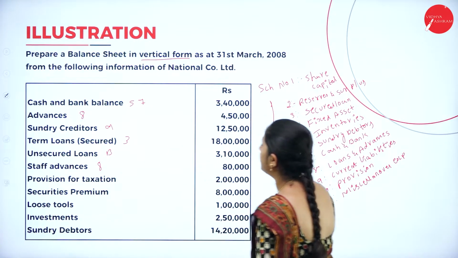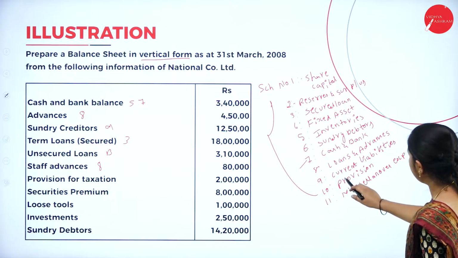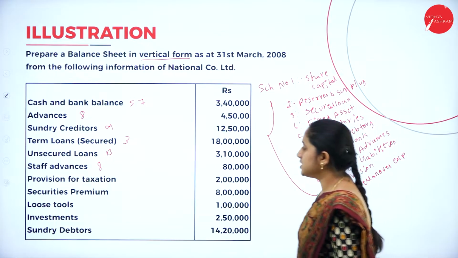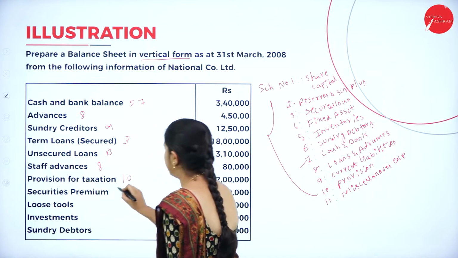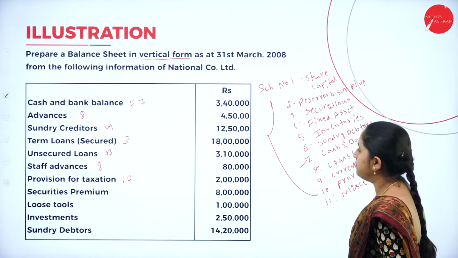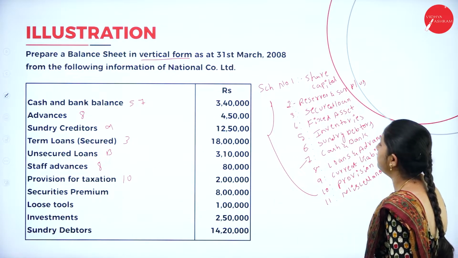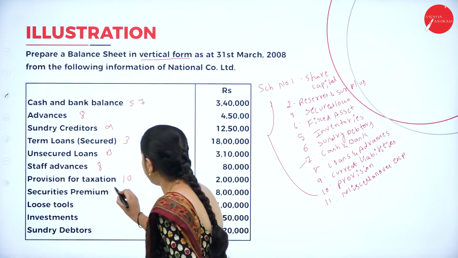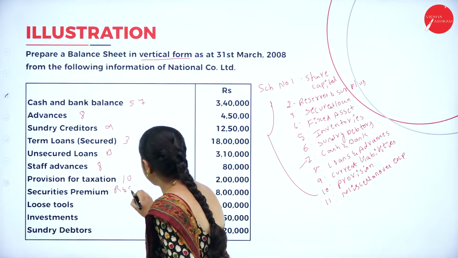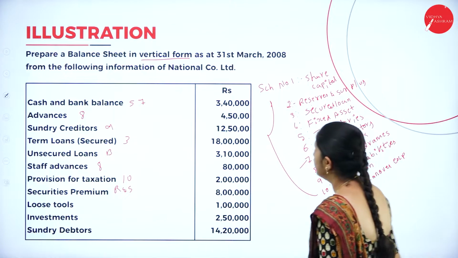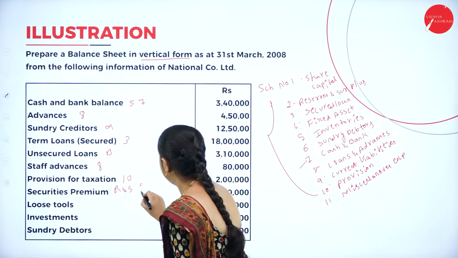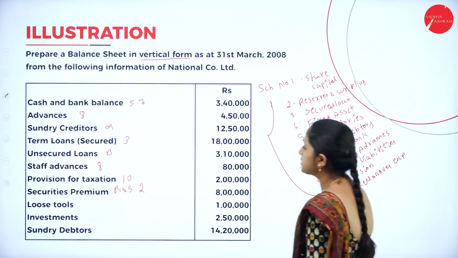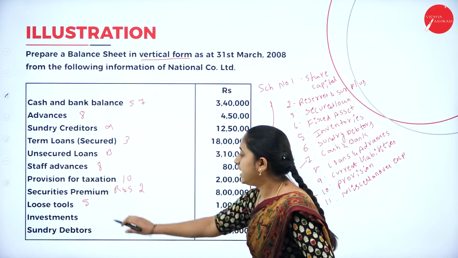Next, provision for taxation: provisions, schedule 10. Next, securities premium comes under reserves and surplus, schedule number 2. Next, loose tools, schedule 5.